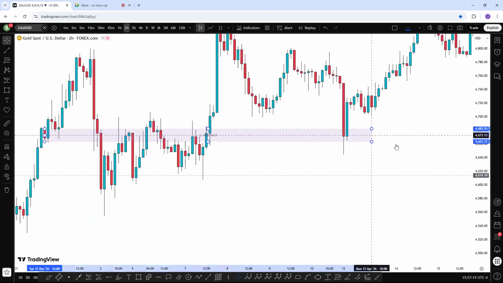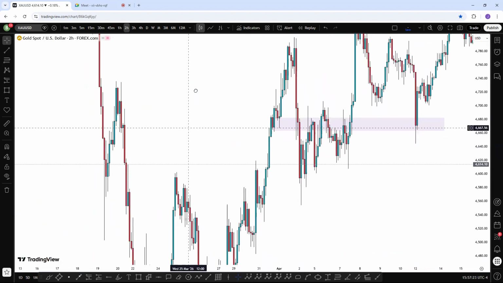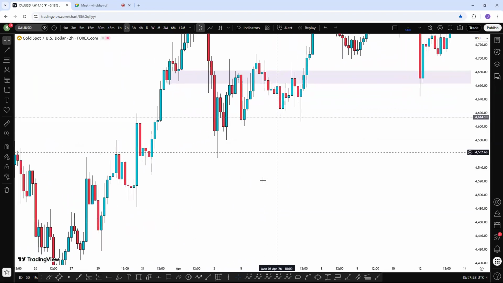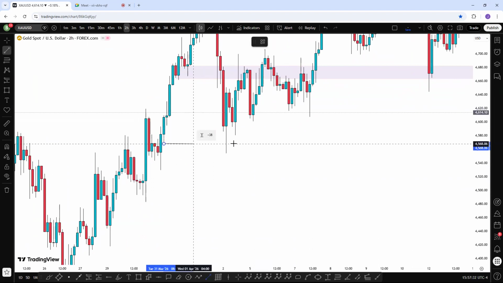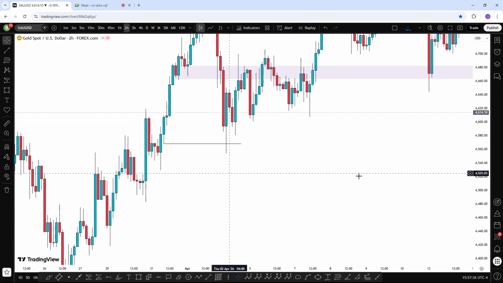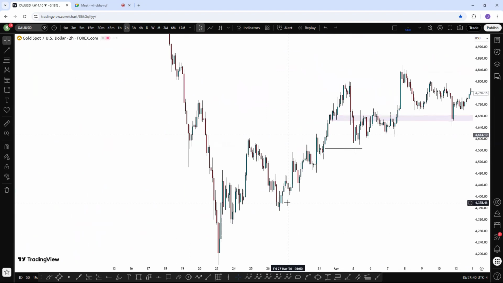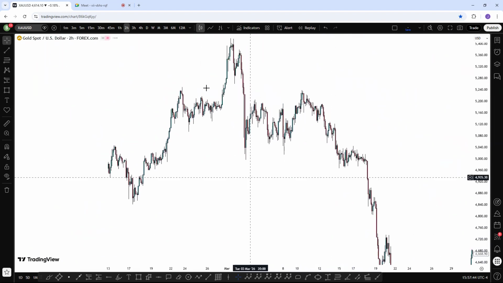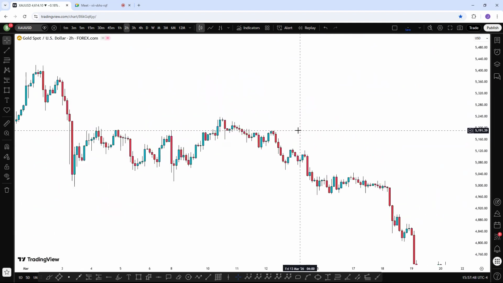So it's all about understanding how manipulations form and how they are closely related to each other, and then you see ways to mark it correctly.